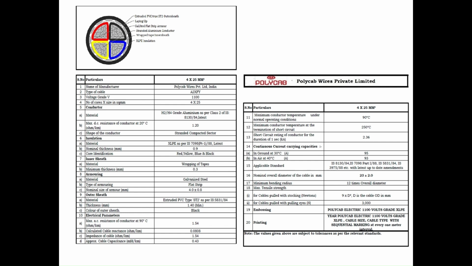The bending radius is also given, because it allows us to connect the hardware setup that is there outside in the switchyard and the panel that is there in the control room. So it's not in a straight line, several bendings will be there, and how much bending can be done on the cables is also specified by the manufacturer.